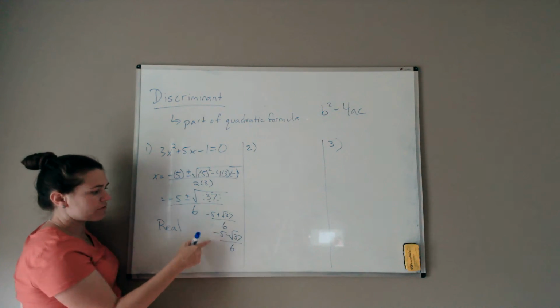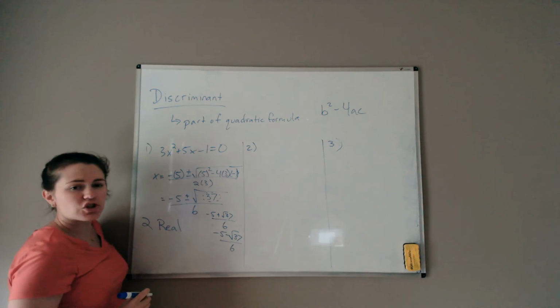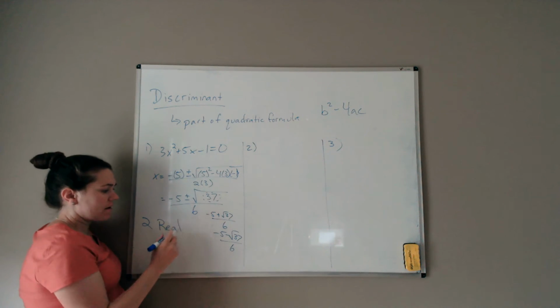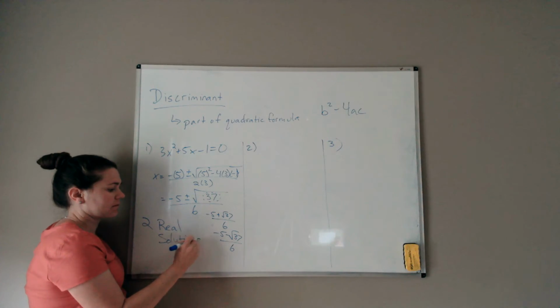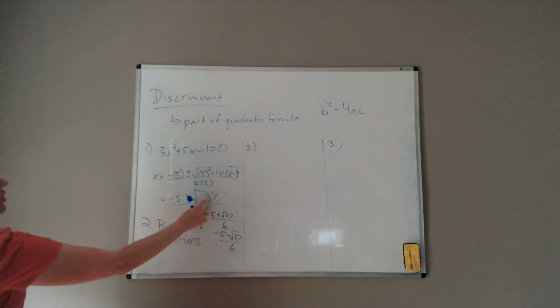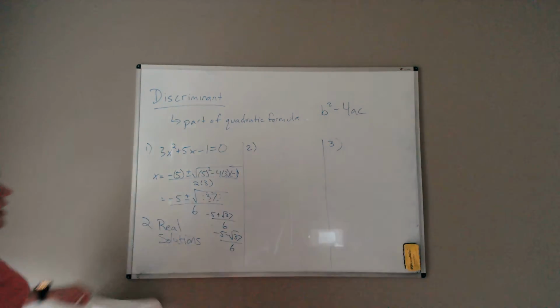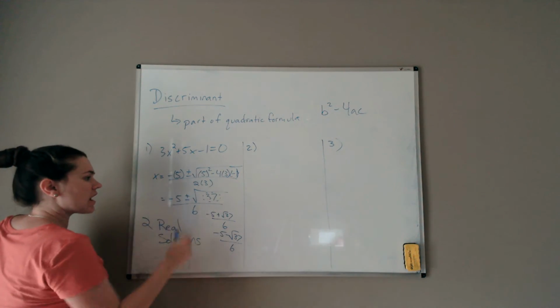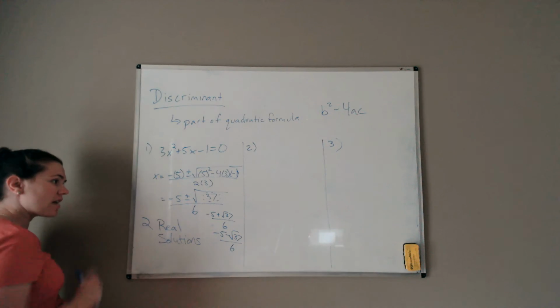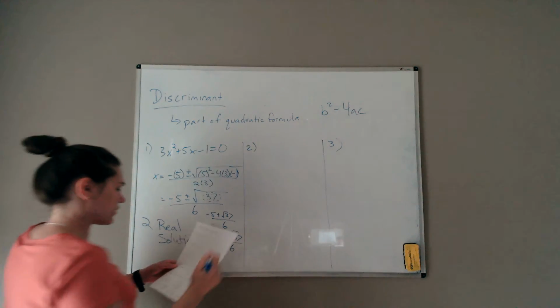These are going to be 2 different values. So this gives me 2 real solutions. They're also going to be irrational because 37 is not a perfect square. But I know that because my discriminant is 37, my answers are real and I'm going to have 2 of them.